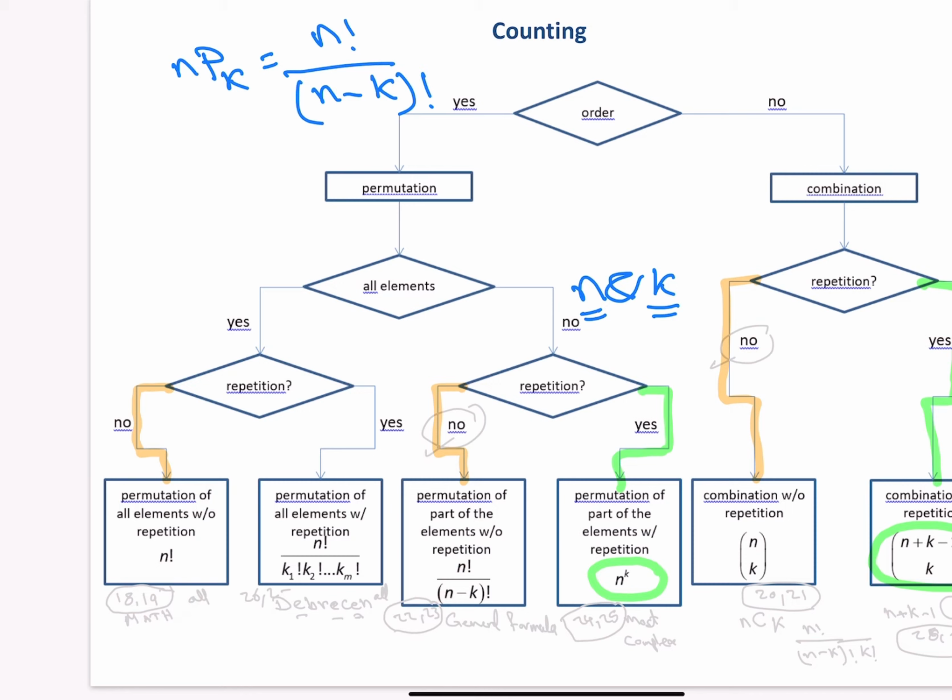Also for combination, you remember we said that if there is no repetition, it will be NCK, or NCR, it depends on the university you are studying in. NCK equals, same as permutation, n factorial divided by n minus k factorial times k factorial.